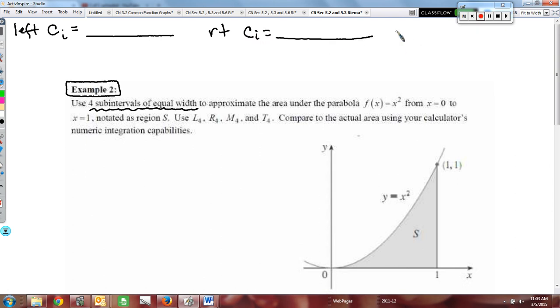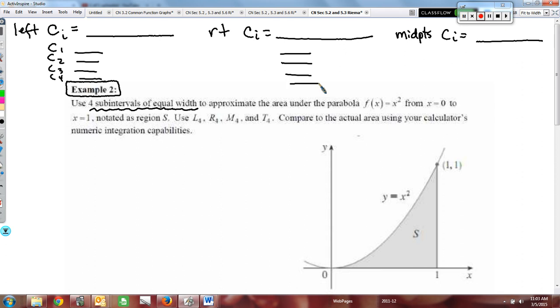Give me a formula for c sub i when you are doing your midpoints here. Then I want you to actually list them. There's only 4 of them, so do c1, c2, c3, c4, and list them for the left, for the right, and for your midpoints.